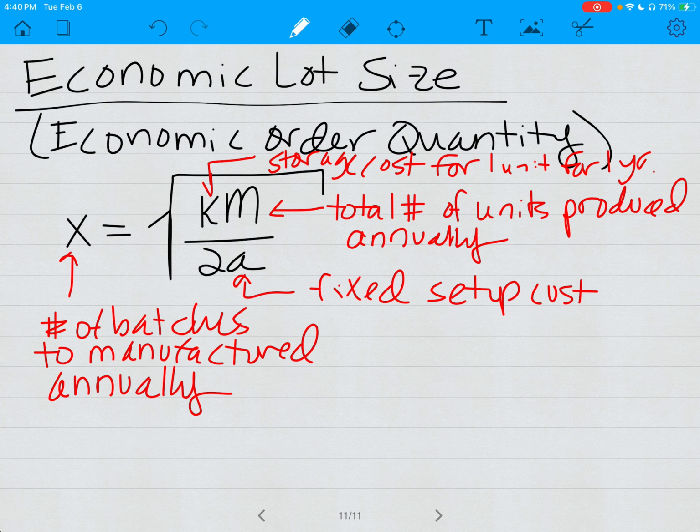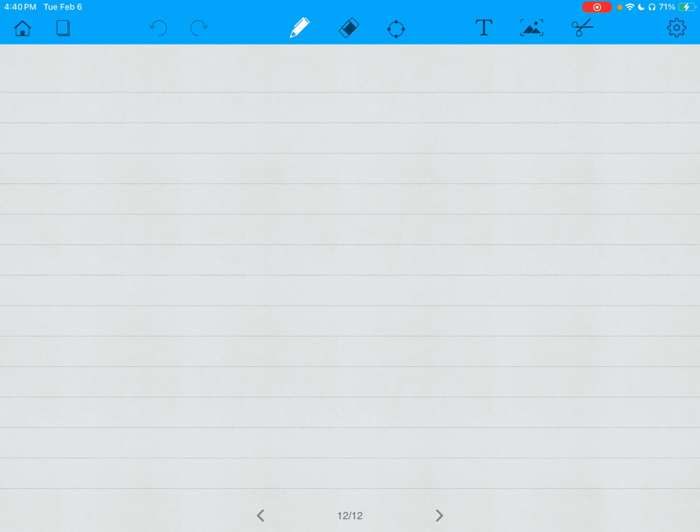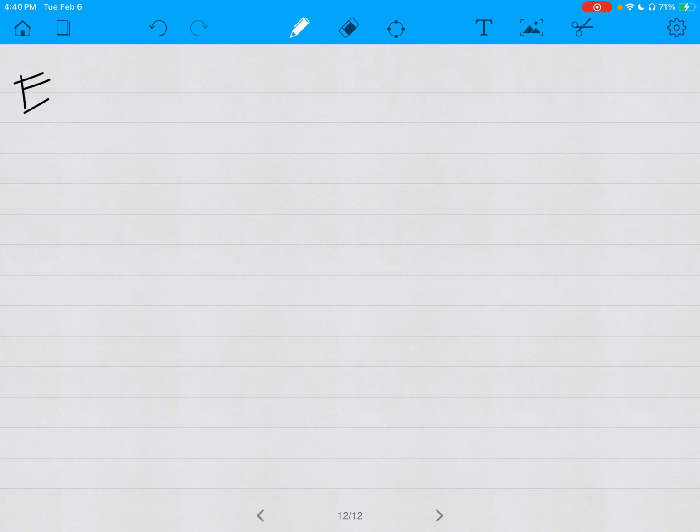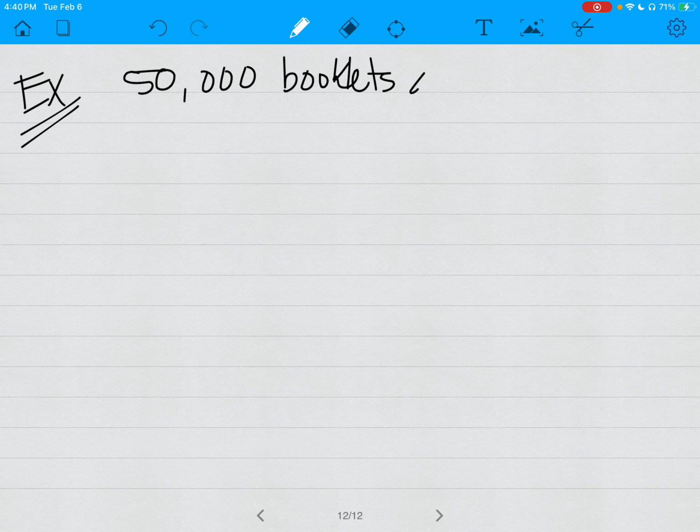Okay. So let's take an example. We have a large hospital that has an annual demand for 50,000 booklets on healthy eating. So 50,000 booklets annually. So that's their demand.